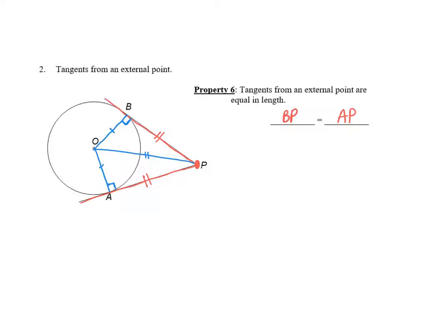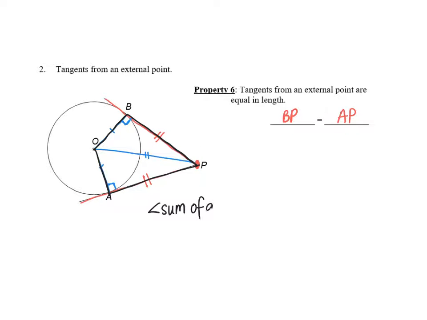There are many spin-offs from this property. Number 1, notice that OBP, A, and go back to O, I have a quadrilateral. What is the angle sum of quadrilateral?